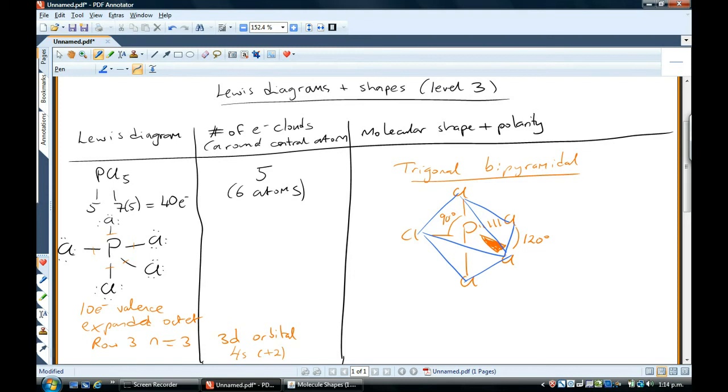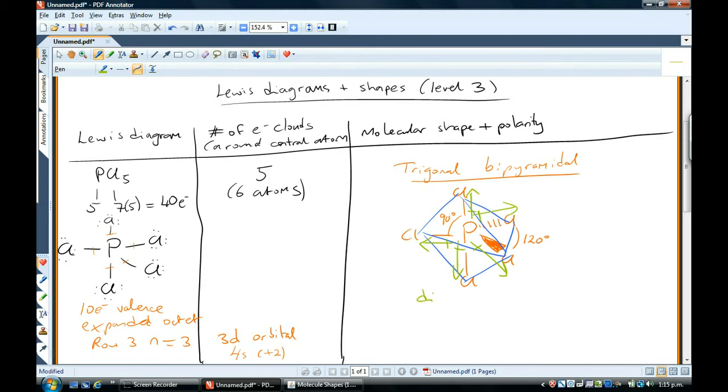To talk about polarity, my diagram is going to get a little bit more complicated. I'll use a green arrow here. There are 5 of these polar bonds in phosphorus pentachloride, but each of these polar bonds are pulling in opposite directions away from the central phosphorus, which is not as electronegative as the chlorines.